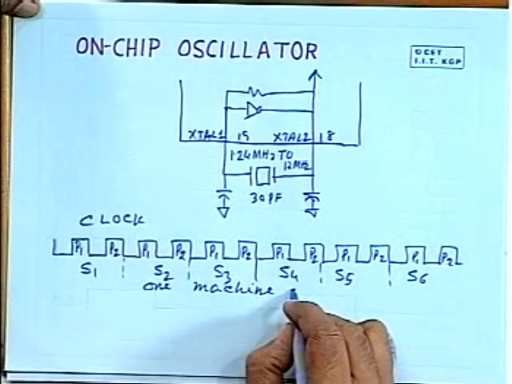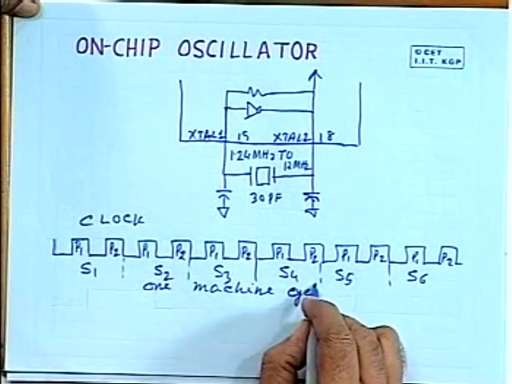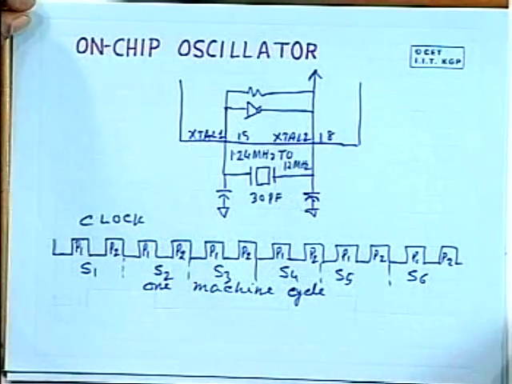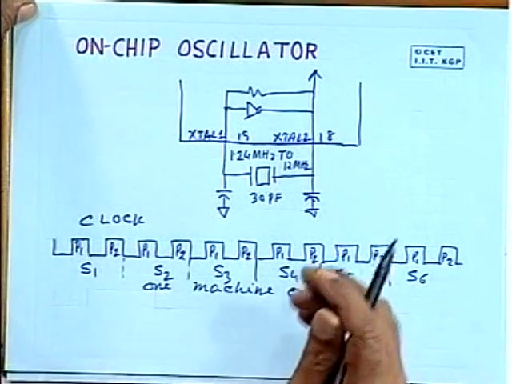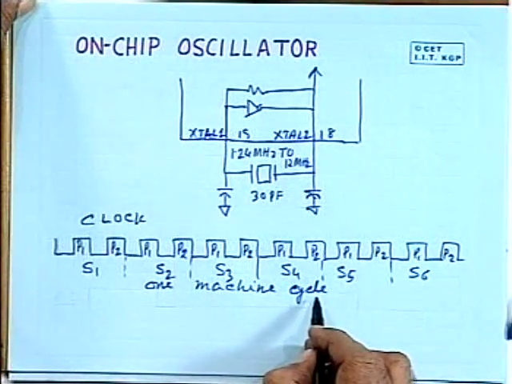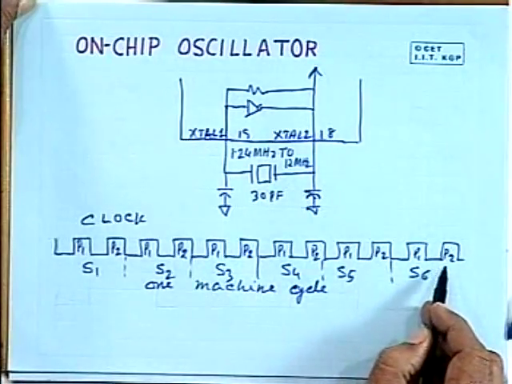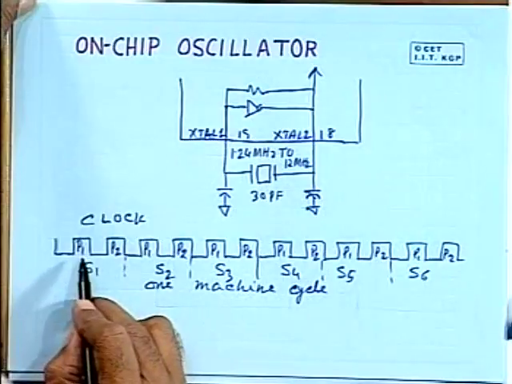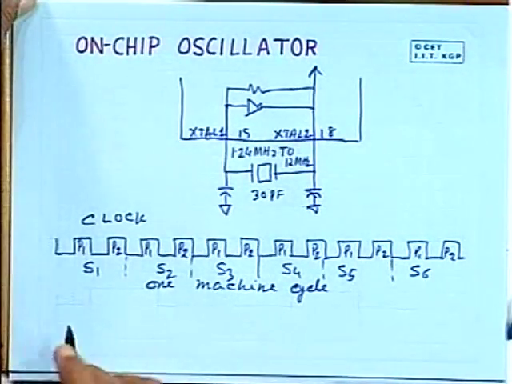You will see that most of the instructions can be executed using a single machine cycle. However, there exist several instructions where you will require multiple machine cycles. But most of the instructions will be executed in one machine cycle comprising 12 clock pulses, and each state having two phases P1 and P2.